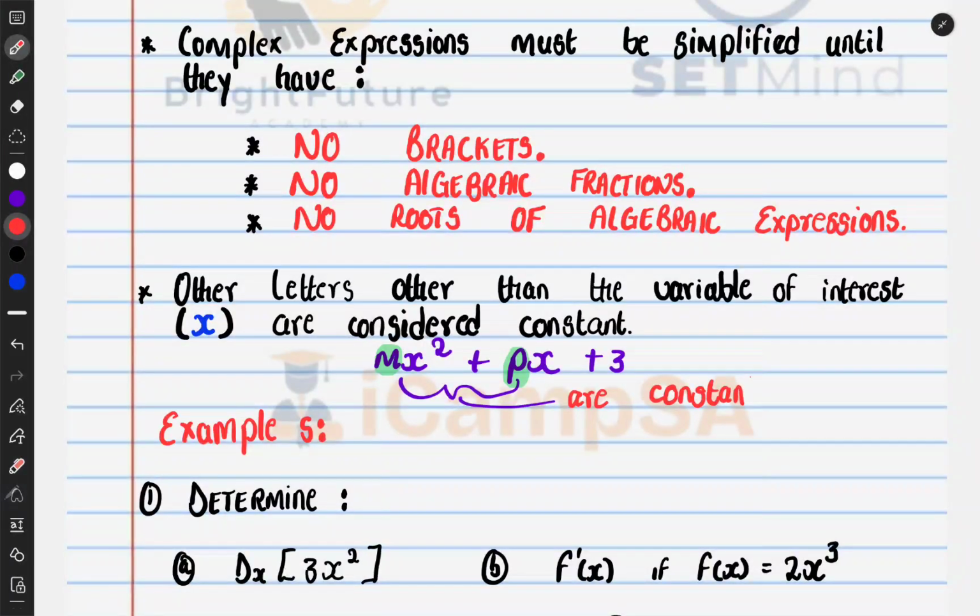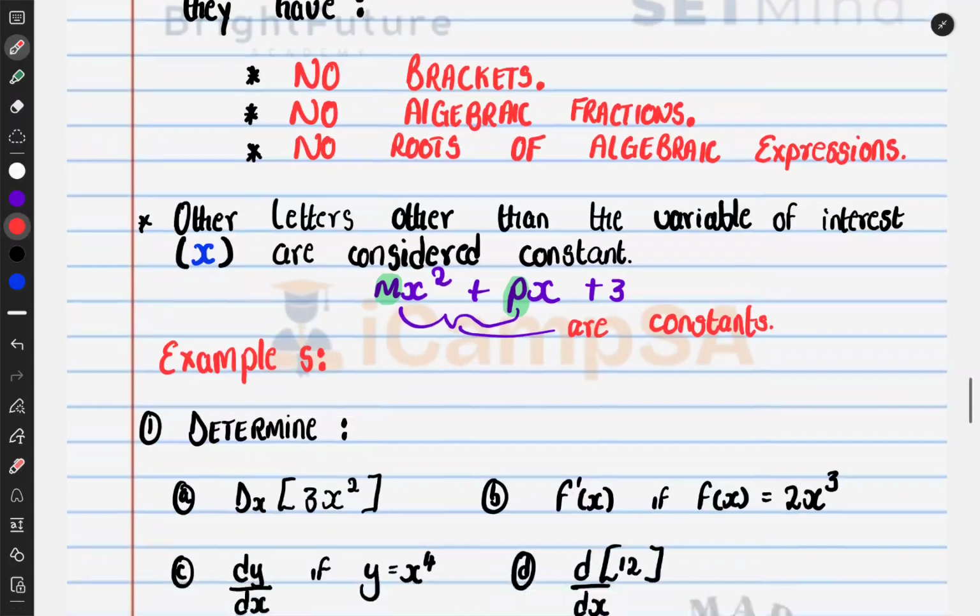The only thing that is a variable here is the x, that we are differentiating with respect to.